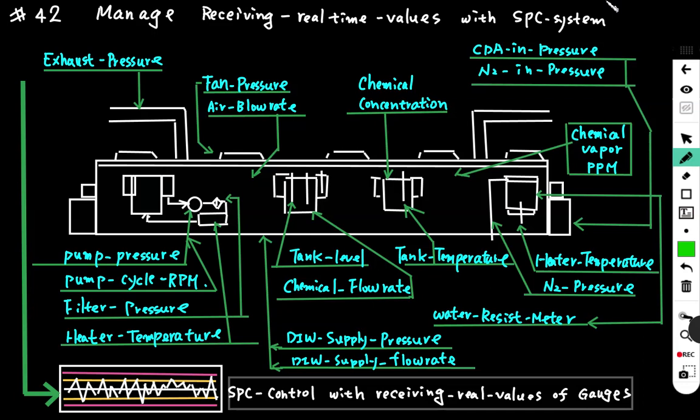For example, this is the basic workbench. And there are a lot of digital gauges, and they receive the real-time value all the time.